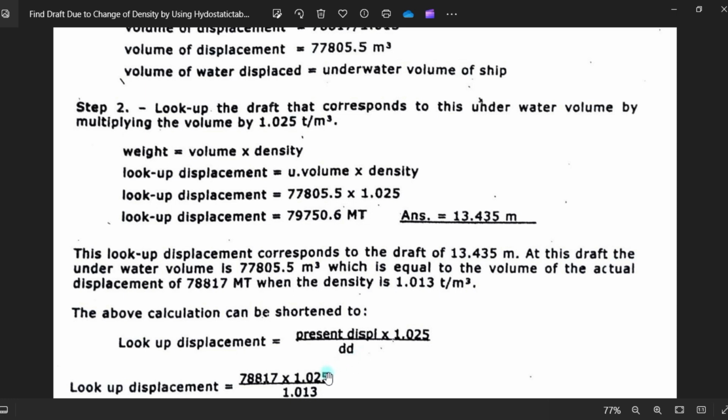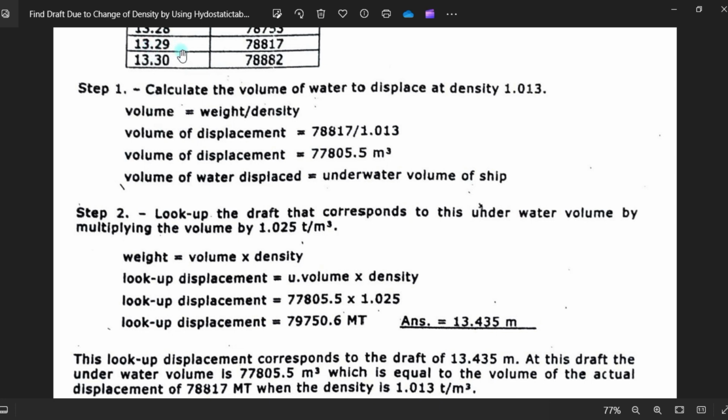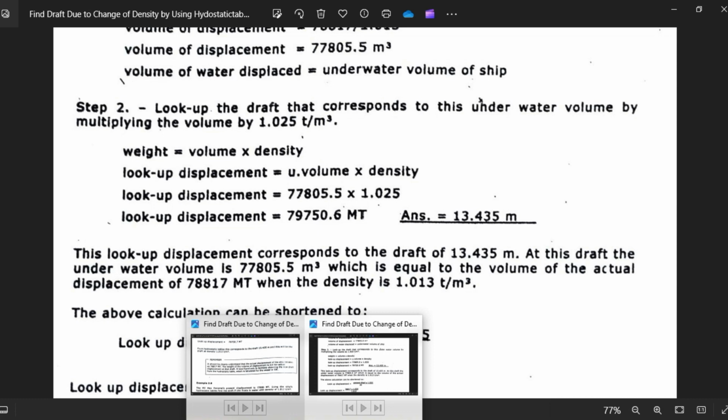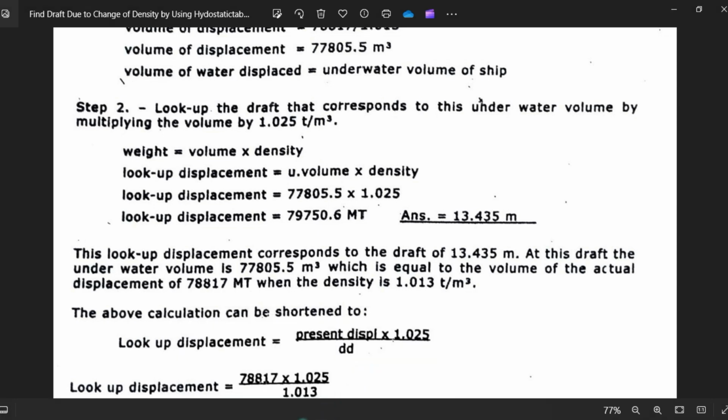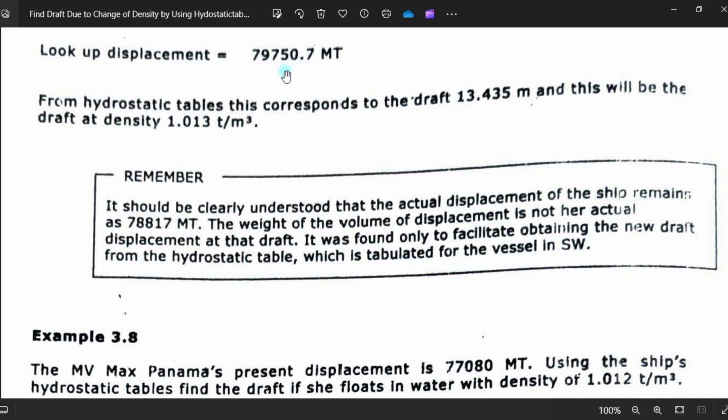So the present displacement, corresponding to the present draft of 13.29, times the constant of seawater of 1.025 over your dock water or local density of 1.013, gives a lookup displacement of 79750.